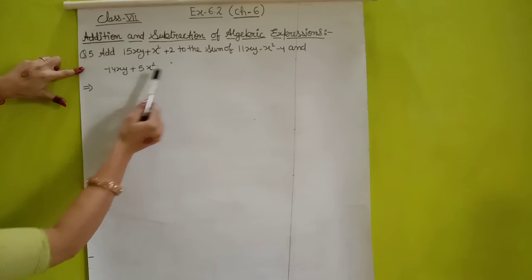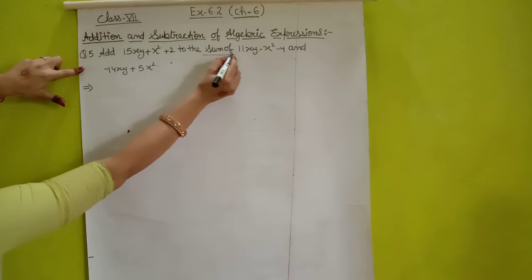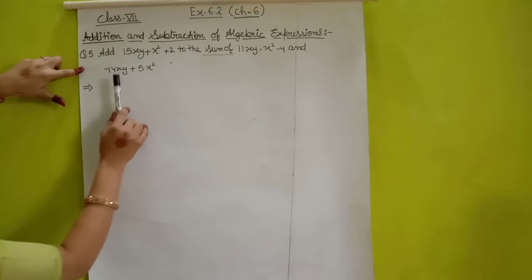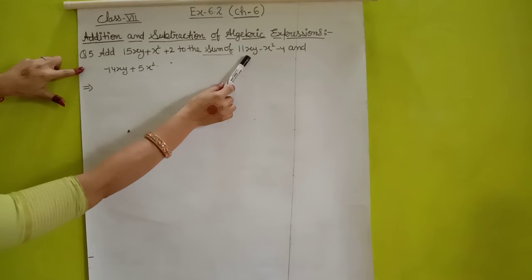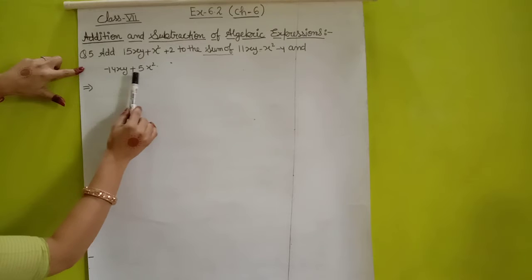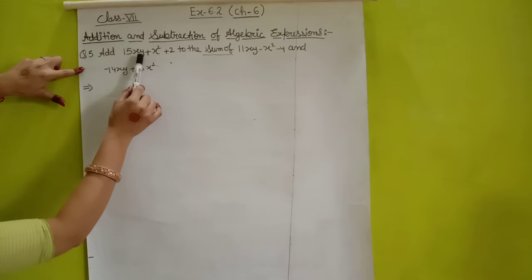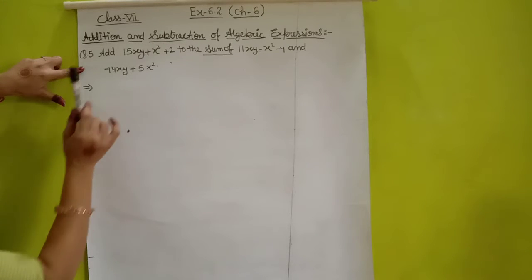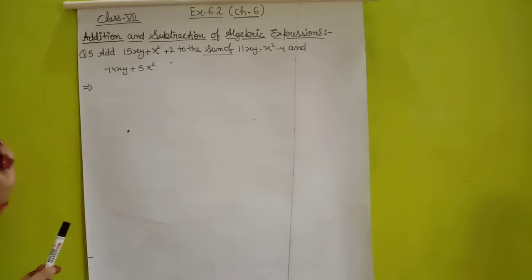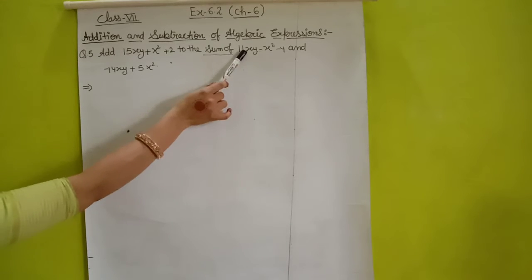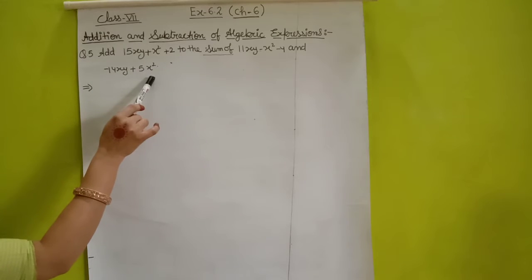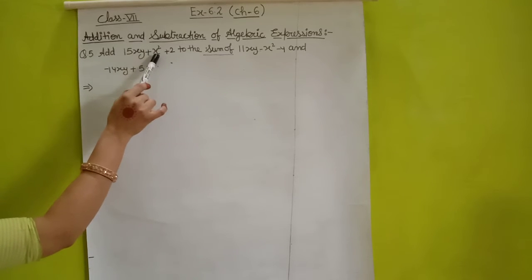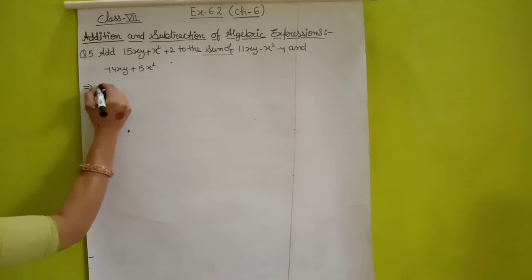It means we are to add this to the sum of these two expressions. So we will complete this question in two steps. First we will add these two terms, and after that, in their addition, we will add this one. So step 1.